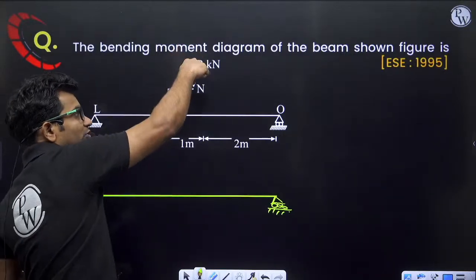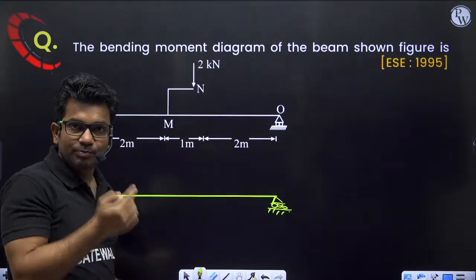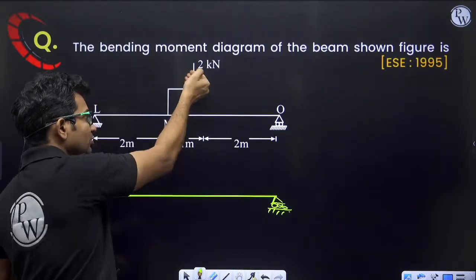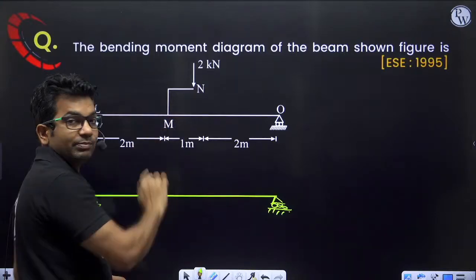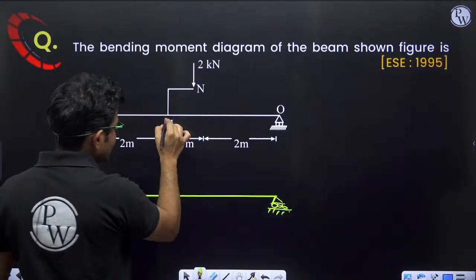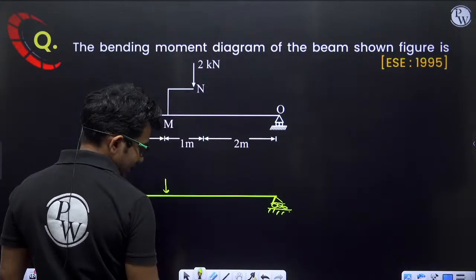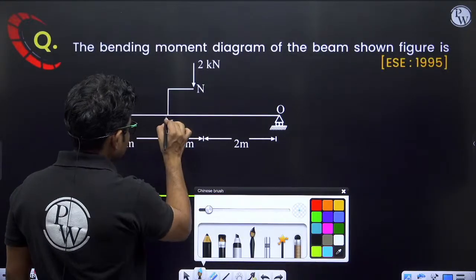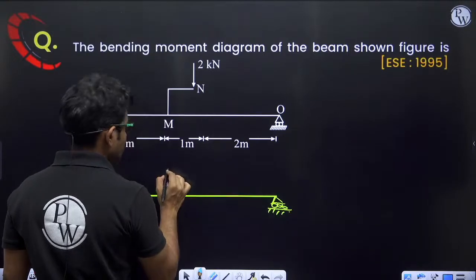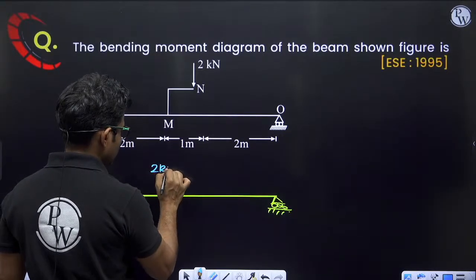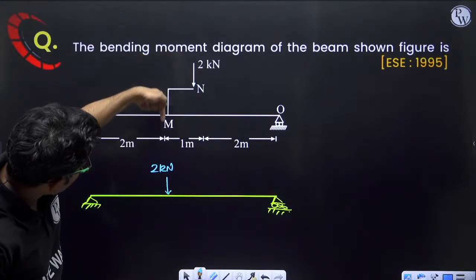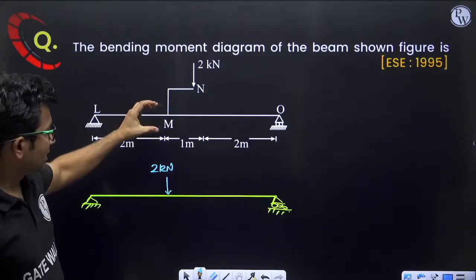So this 2 kilonewton, at what point on the beam is it transferred? This 2 kilonewton is transferred on the beam at point M. So 2 kilonewton will be transferred here.